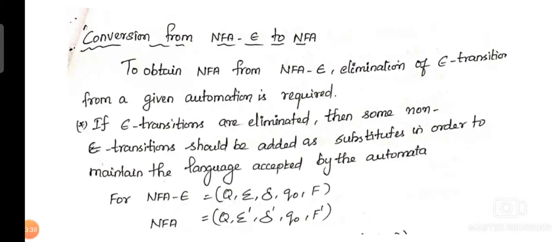When we convert the NFA epsilon into NFA, the set of states will be the same, that is capital letter Q, and the final states may vary. For the resultant NFA, the final states will be considered as F dash.